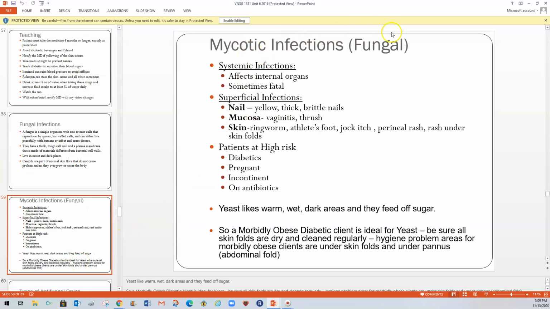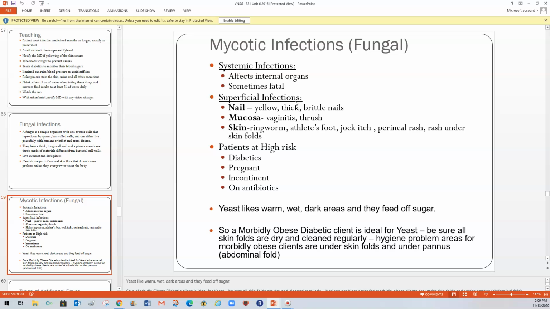Mycotic infections are fungal infections. They're systemic infections that can affect internal organs and can be fatal. Superficial mycotic infections are nail, mucosa, skin, ringworm, athlete's foot, perineal rash, etc. Patients that are at high risk, of course, are diabetics, pregnant, incontinent, or on antibiotics. Yeast like warm, wet, dark areas, and they feed off of sugar.